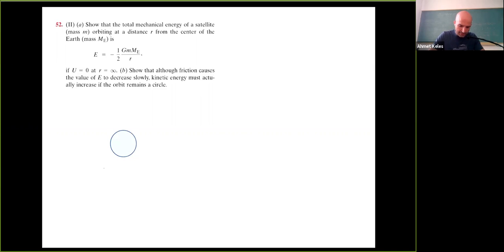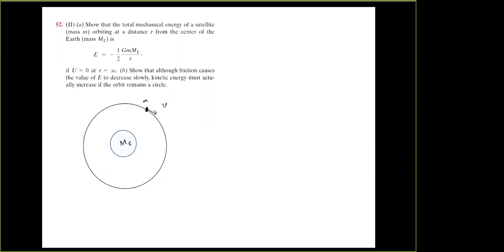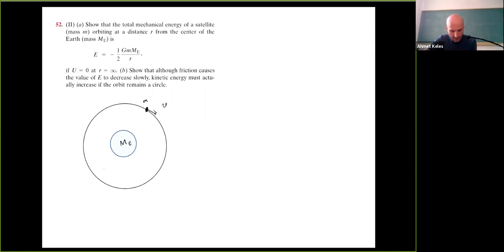Now we are thinking of some orbit like this, and this is your satellite, orbiting like this with some velocity v. The satellite has a mass m, and Earth has a mass m_Earth. So this is the center, this is Earth, and these two are at a distance r.